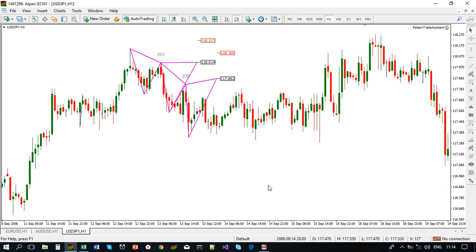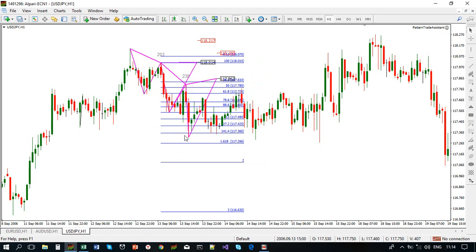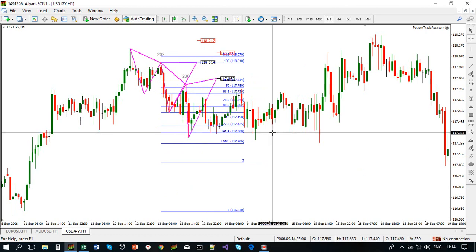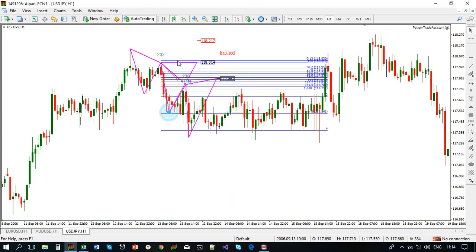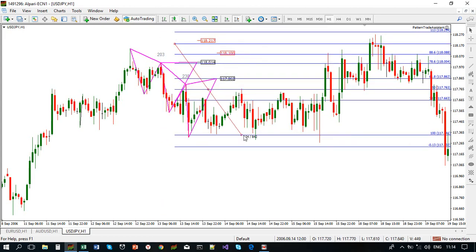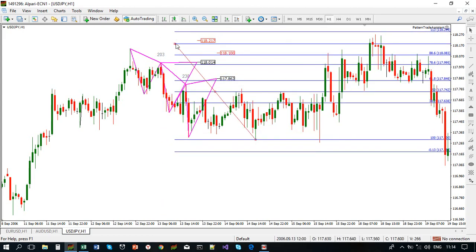The largest cipher is not valid, but the smaller one, 1414, no close below 1414, and here it is. Let us measure that first from here to here.